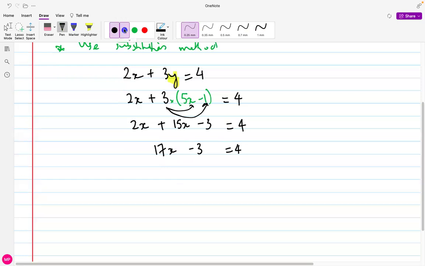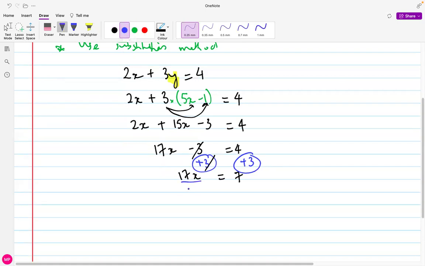Then I can solve by doing the same on both sides. The opposite of minus 3 is plus 3 on both sides. I would have 17x equals 7. And then the opposite of times by 17 is divide by 17 on both sides. I would have x equals 7 over 17.